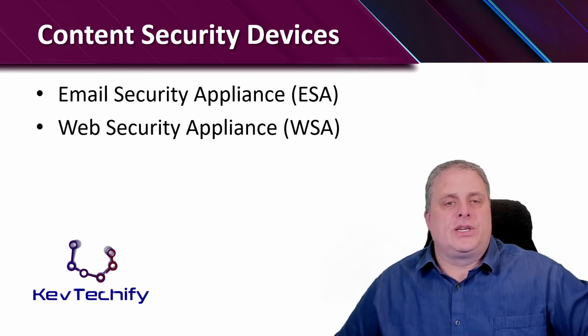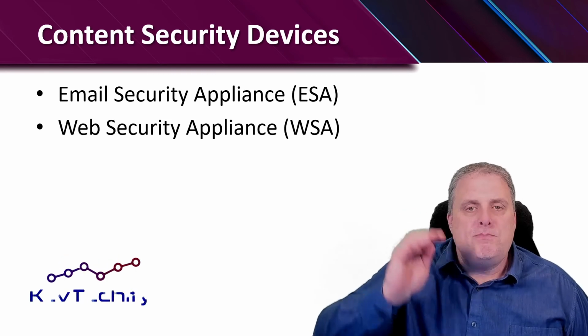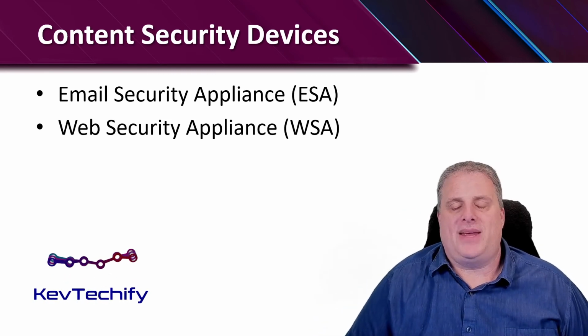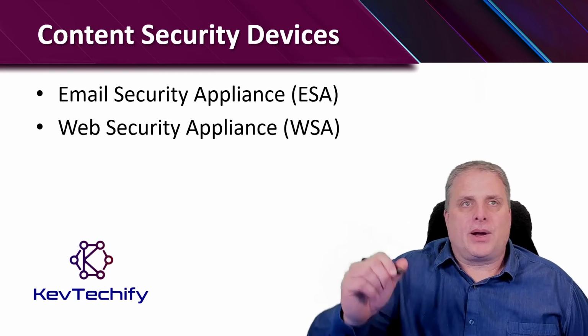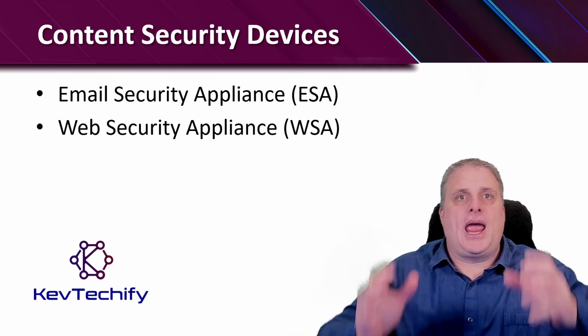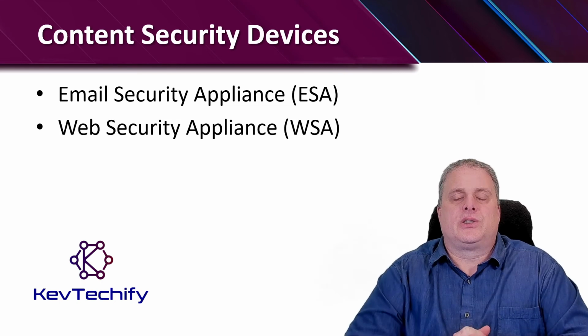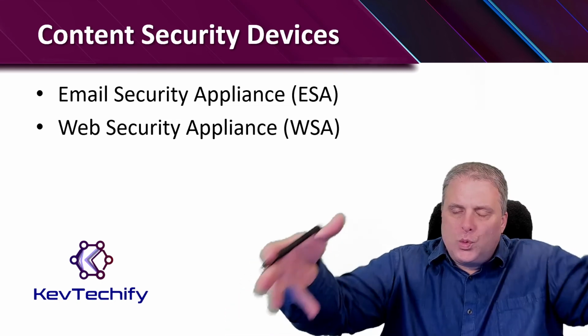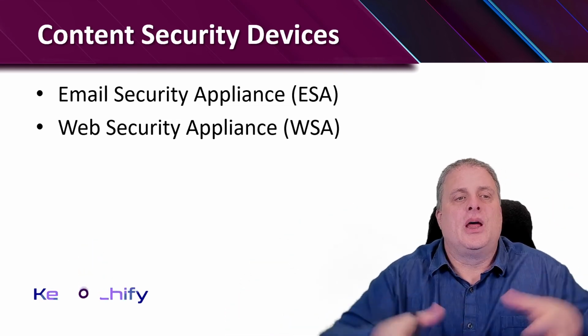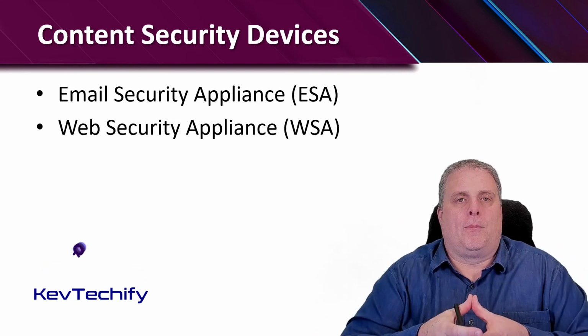Web security appliances are a mitigation technology for web-based threats. They combine advanced malware protection, application visibility and control, application use policy controls, and reporting. It gives you one nice, complete system to watch your web.